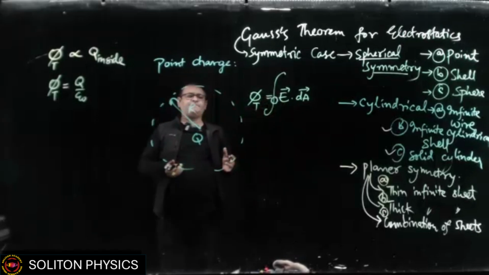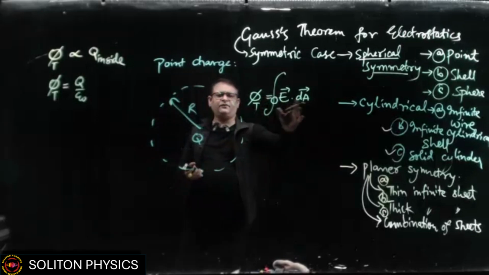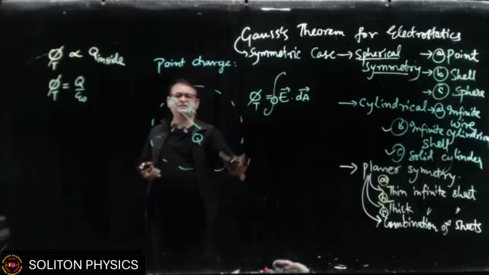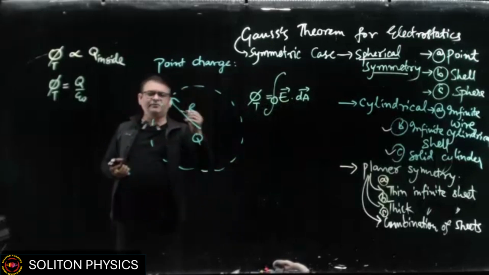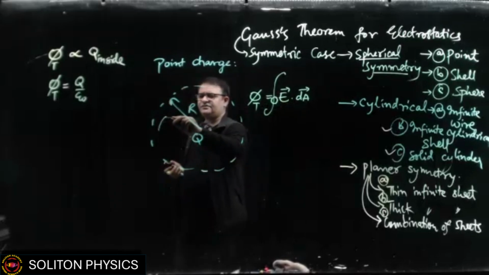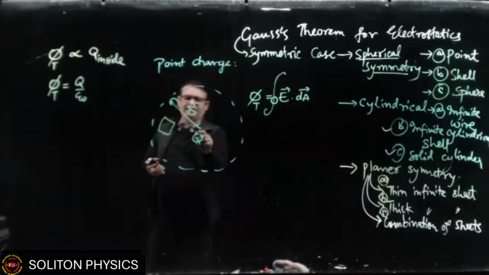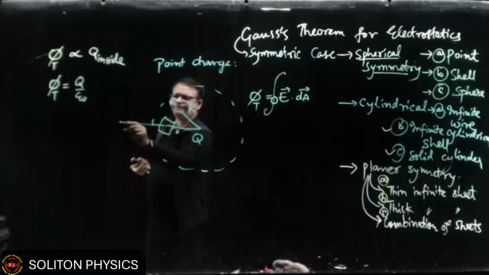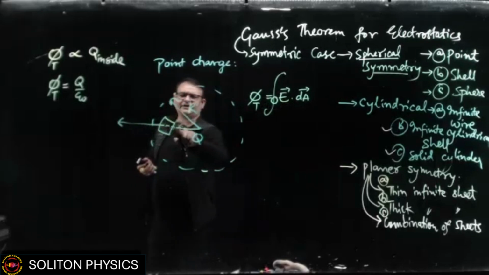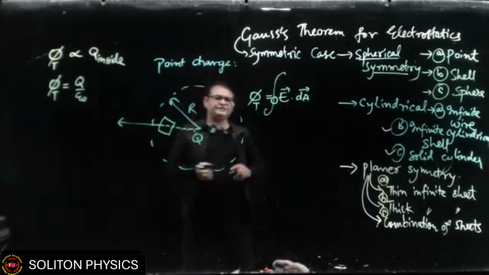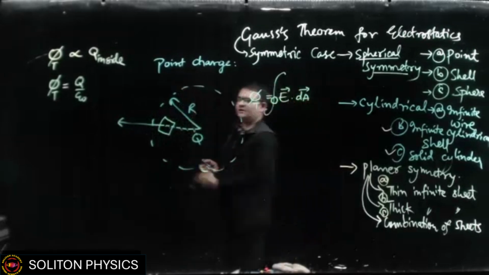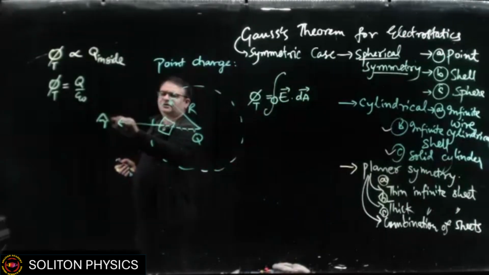This means it is written for the surface, and this surface is entirely covering this charge. Right, now I'm going to take a patch. Just imagine this is like a football. I'm going to make a patch, and suppose this is the center. So this is my radial direction. Is this clear? Right, this is my radial direction.